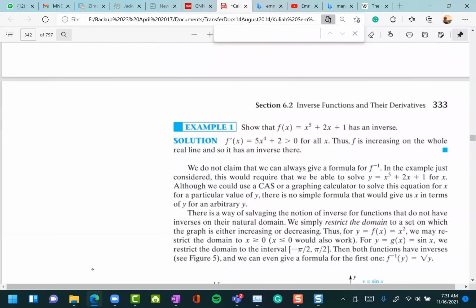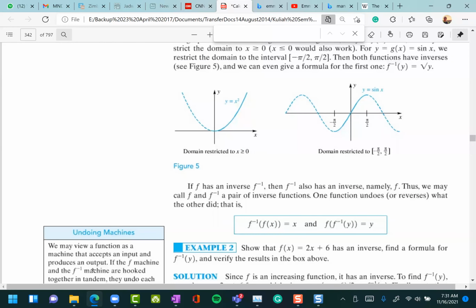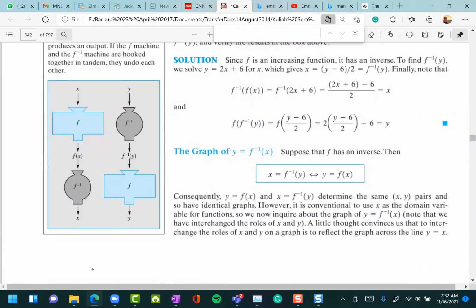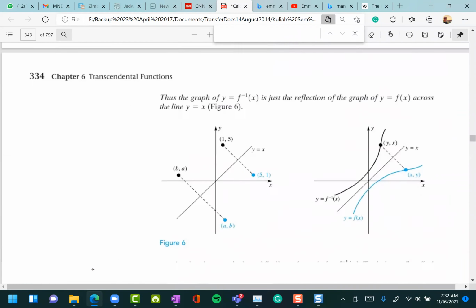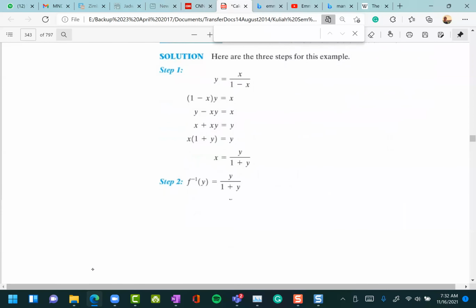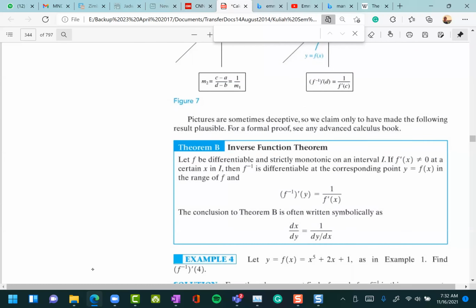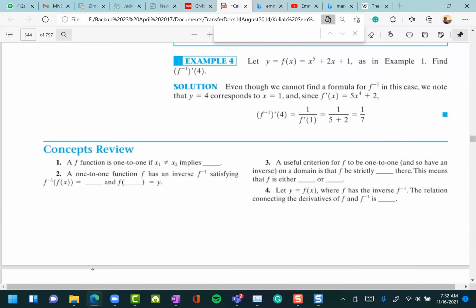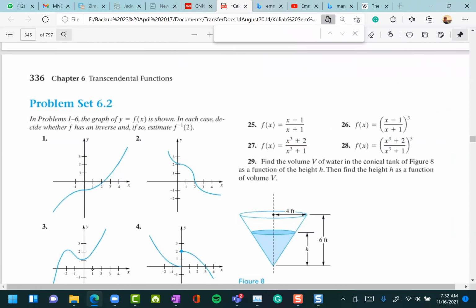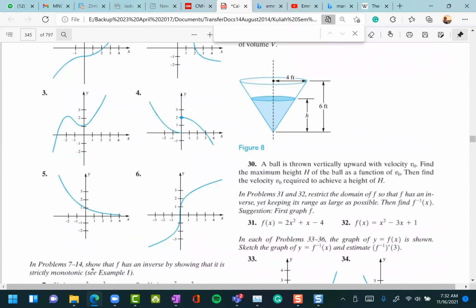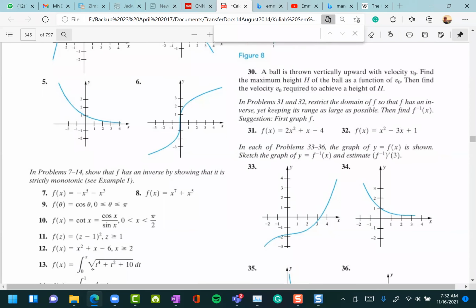So let's pick up some problems. Let's pick up something like this: f of x equals x to the power 7 plus x to the fifth.